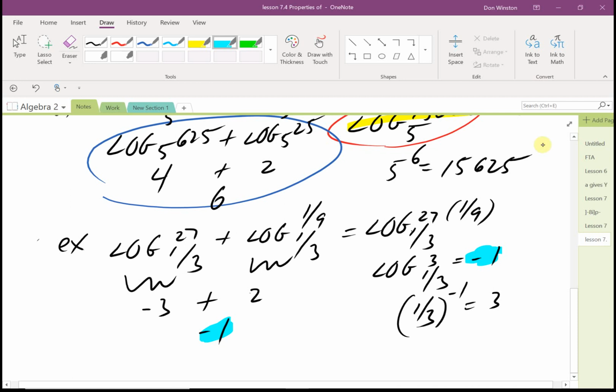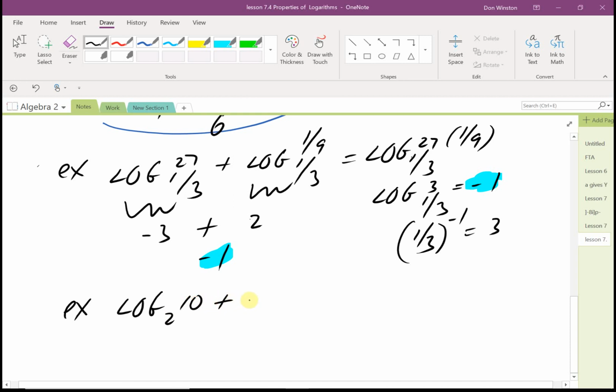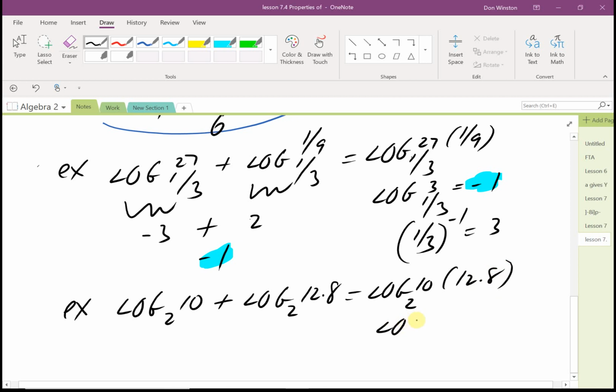So the last example will be this here. So let's say here I have log base 2 of 10. Into that I'll add log base 2 of 12.8. Pause the video and see if you can figure that out, and then come back. Well, this would equal log base 2 of 10 times 12.8, which would be log base 2 of 128.